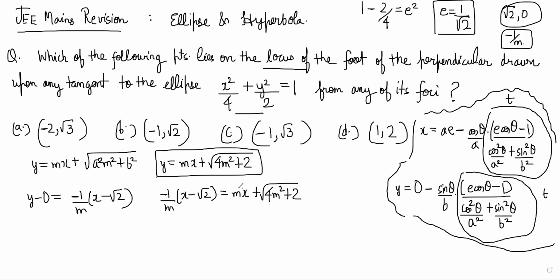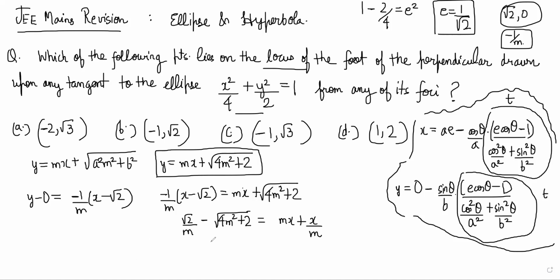You'll get minus x by m plus root 2 by m minus root over 4m square plus 2 equal to mx plus x by m. x and y will both come, they will have m and all.